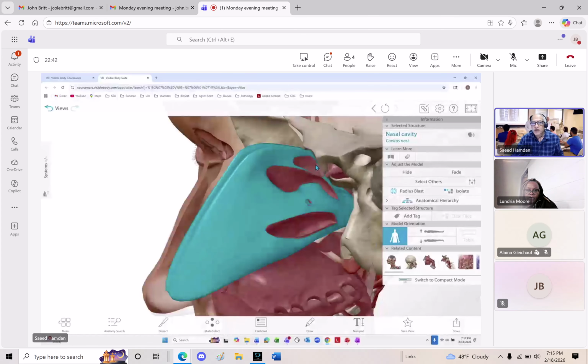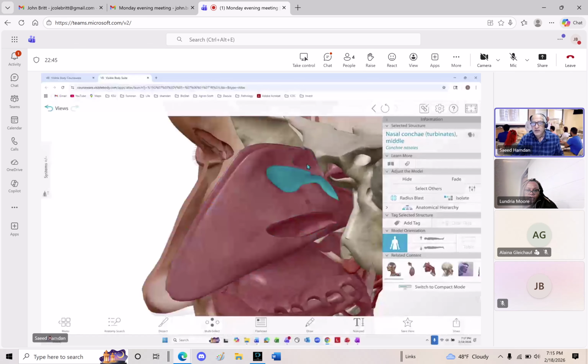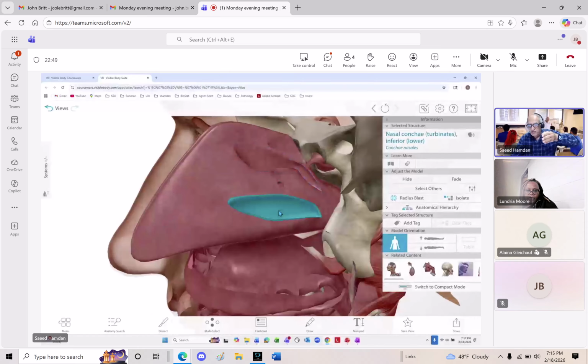But basically, the nasal conchae, what you want to remember about them, is a shelf in each nose that allows for the turbulence of the air. So the air moves around, and it creates that turbulence.